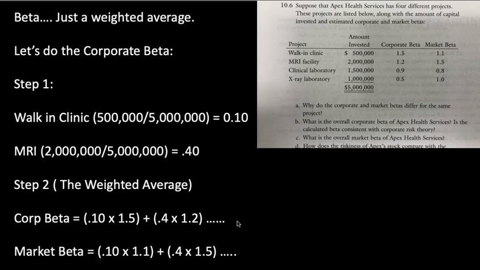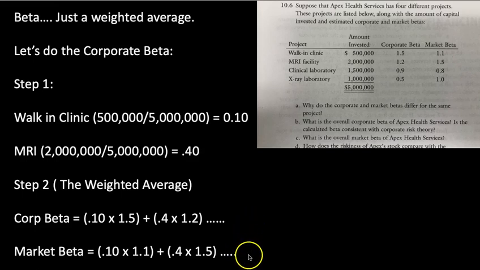Okay, that the risks of the components, and the components are these various projects, when added together, equal the risk of the whole. Hopefully I've said that right. But yes, when you add them together, it should be 1.